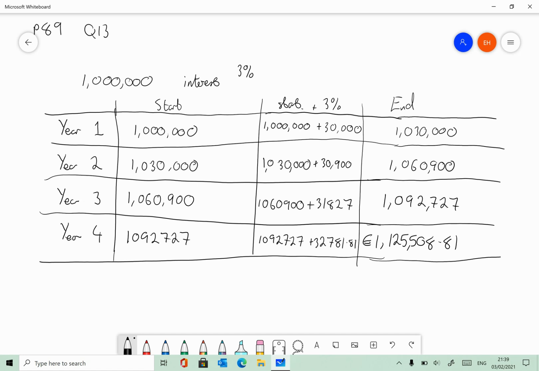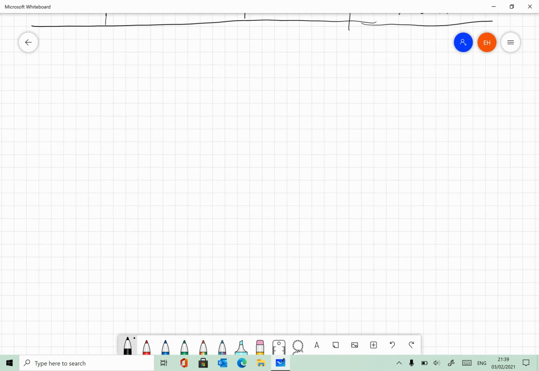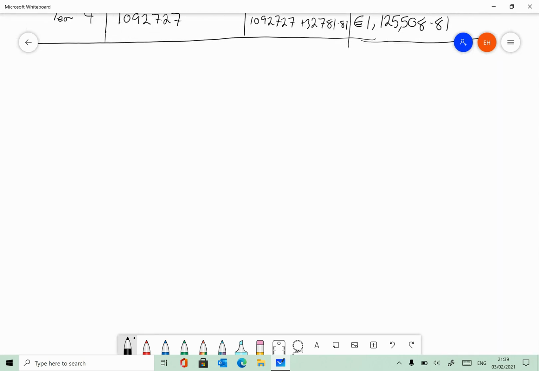So that's an example, okay? Now, we're going to take a look at question 13. So this woman comes along, and she invests 1,500 in a building society for 3 years at 5%.